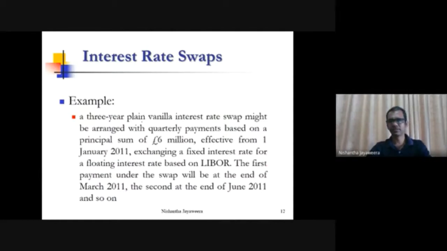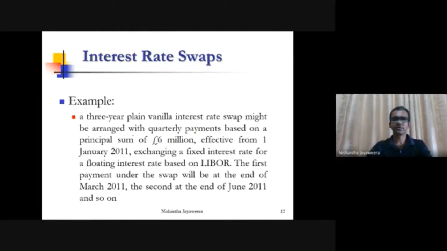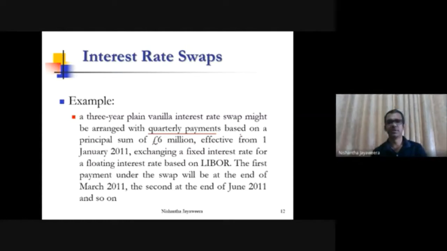So this is an example. We'll go through this example and explain how these interest rate swaps work. It can be arranged with quarterly payments, semi-annual payments, annual payments, or maybe monthly or weekly. That's up to the market participants, but in the international market, the most common are quarterly or semi-annual payments. And there's a principal sum, what we call the notional amount.